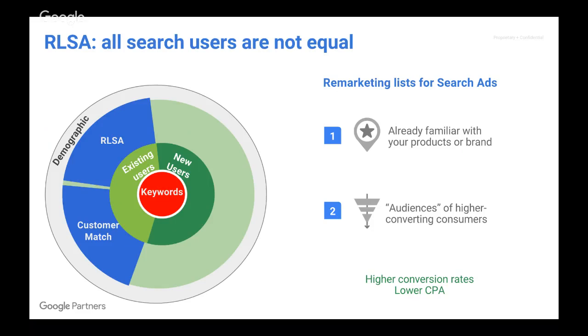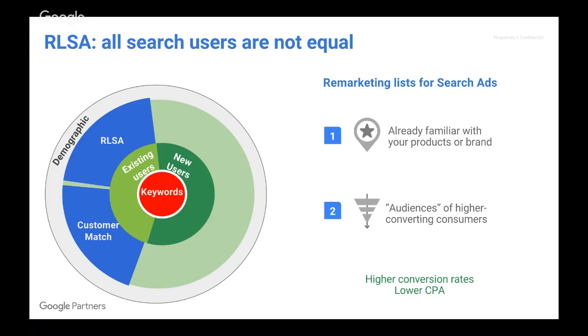So we have the keyword, we have your existing users and new users, and on your existing users, you can bid more through RLSA or customer match, for example. Again, it's another solution that leverages your first-party data. On top of everything, you have demographics.